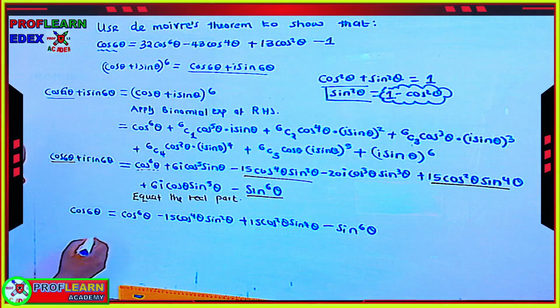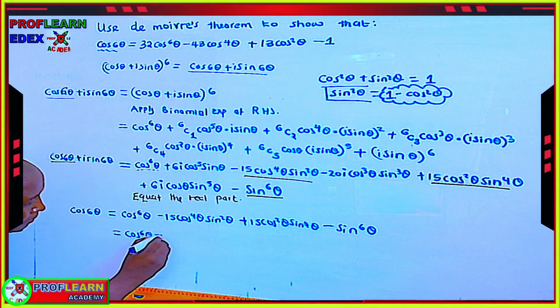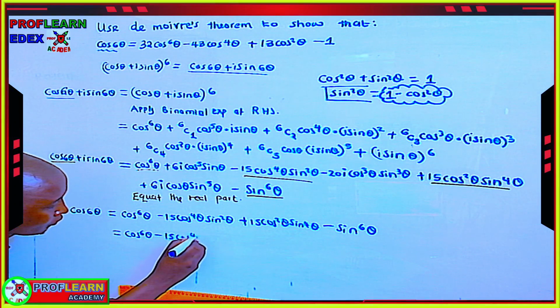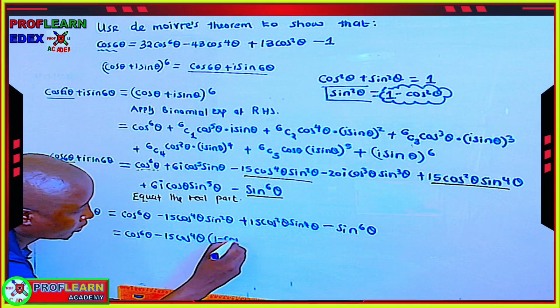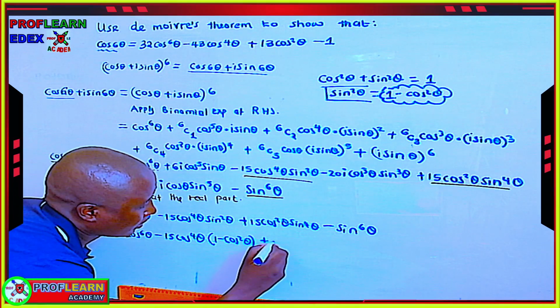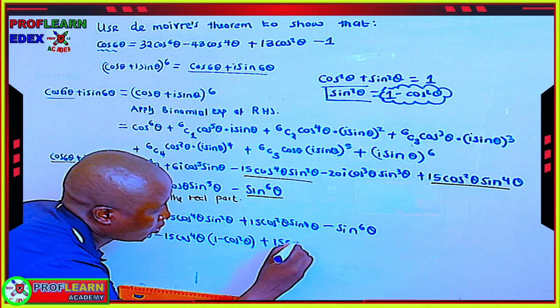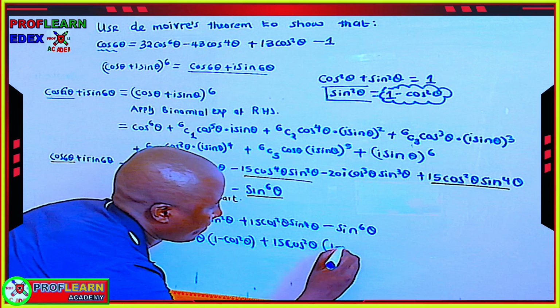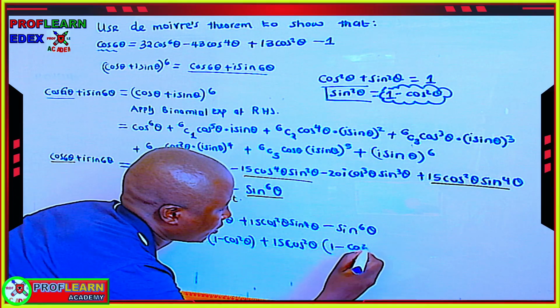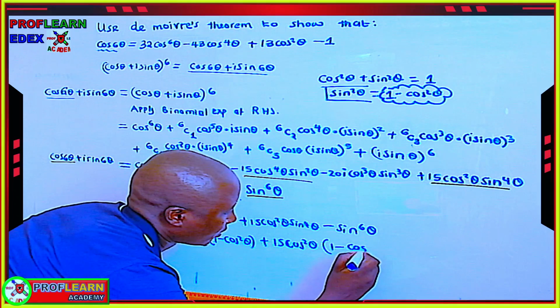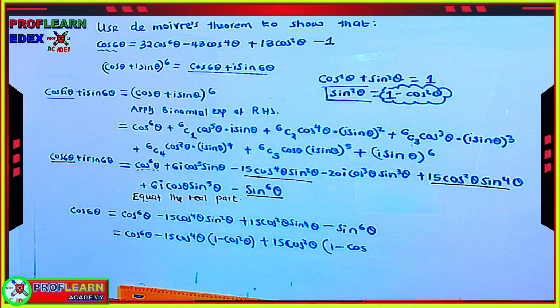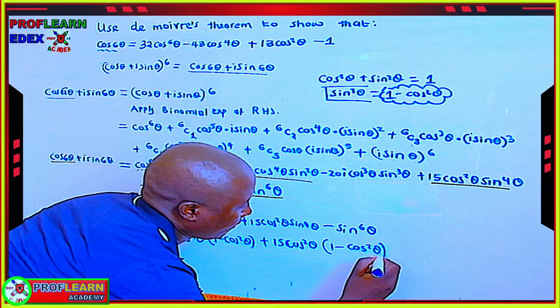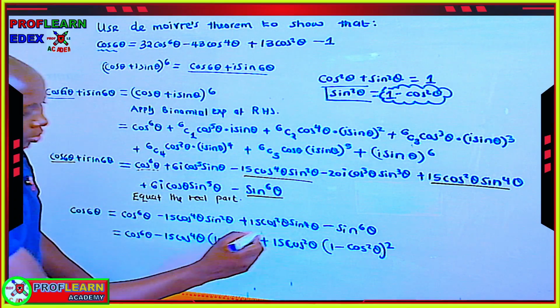So we need to start that process, and we're going to say this is going to be equal to cos power 6 theta minus 15 cos power 4 theta into 1 minus cos squared theta, then plus 15 cos squared theta into 1 minus cos squared theta raised to power 2, because this is actually raised to power 4.